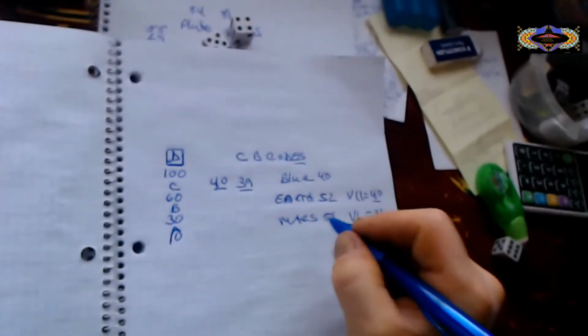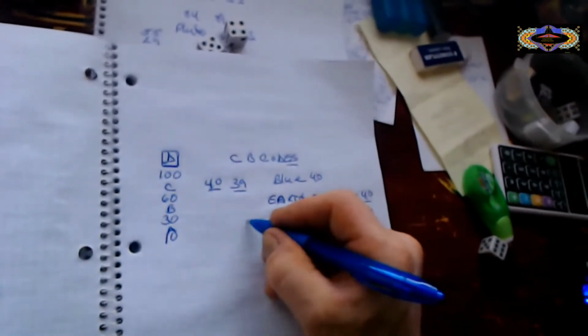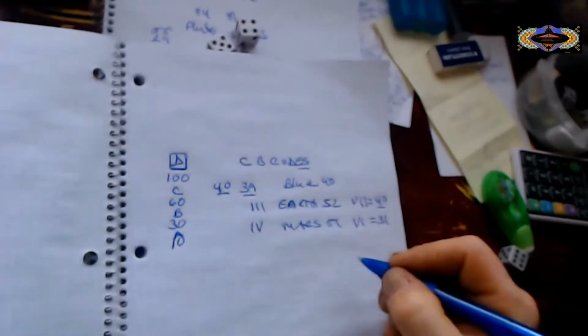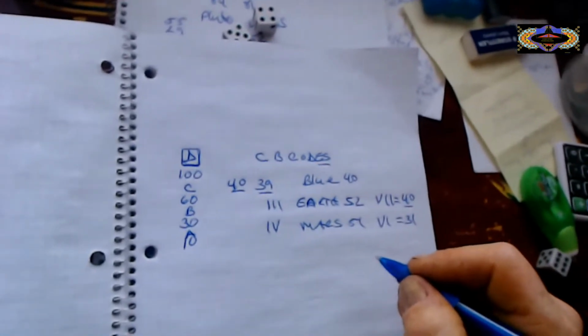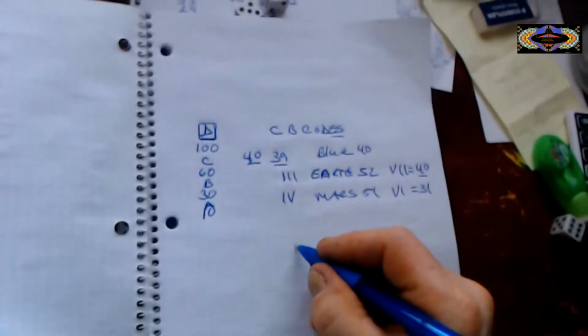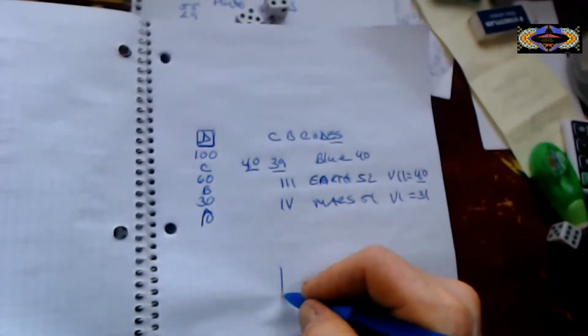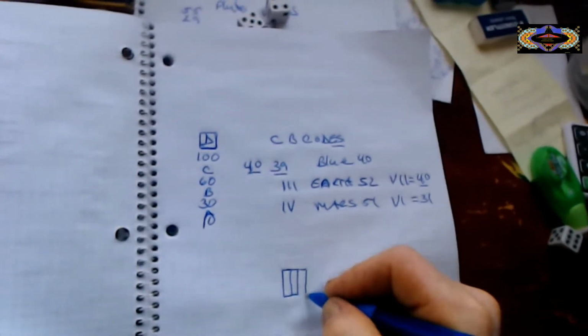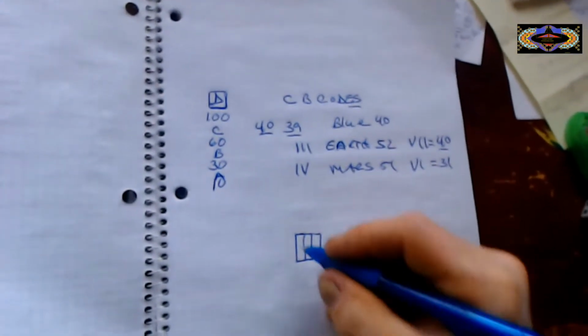But Mars as a position planet will be this. And Earth as a position planet will be this. Noting that 111 in roulette shows up right over here.